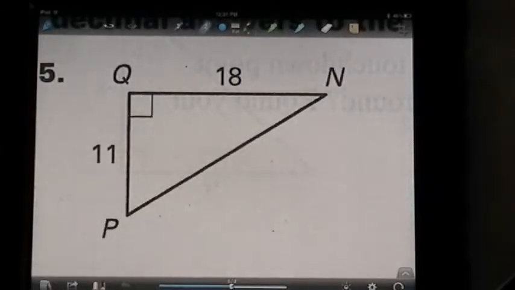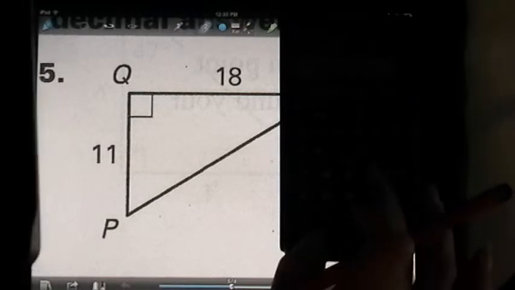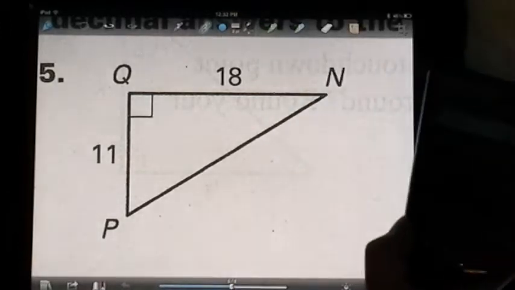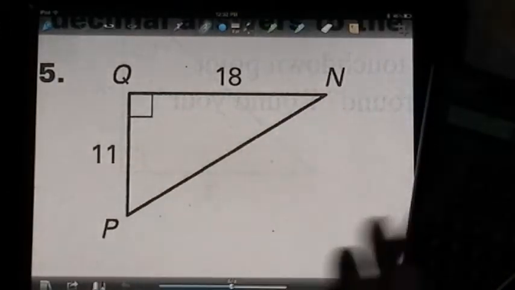Okay, we need to find the hypotenuse here, and that's c squared. I'm going to use Casio for a little while. And this is 11 and 18, so this would tell us that a squared plus b squared, that's 11 squared plus 18 squared, will equal this side squared.